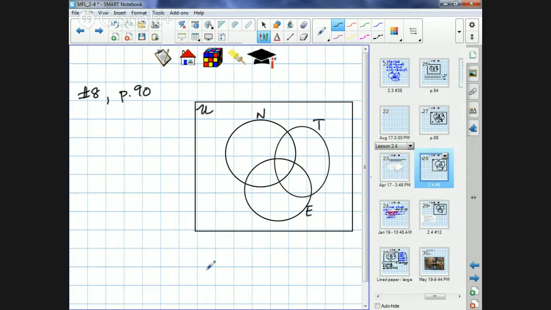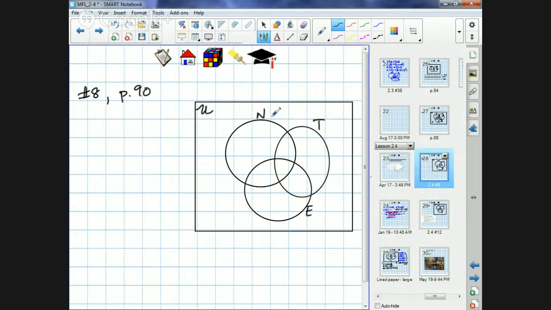So anyway, it talks about students having a 9 a.m. class, a 10 a.m. class, and an 11 a.m. class. I couldn't label them with numbers because that would have confused our counting. So the 9 a.m. class I labeled N, because that's the first letter of 9.